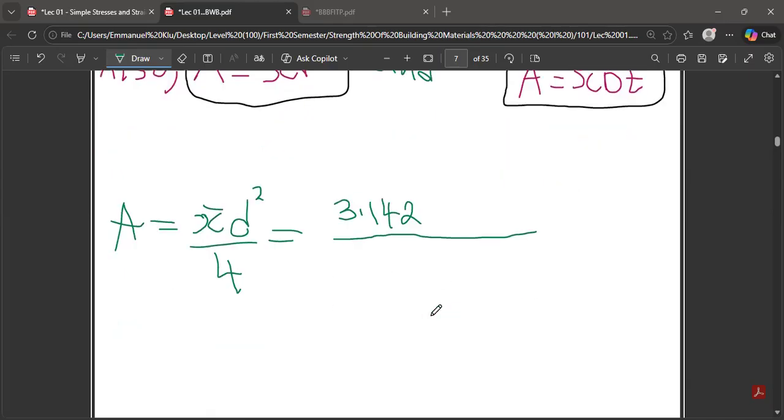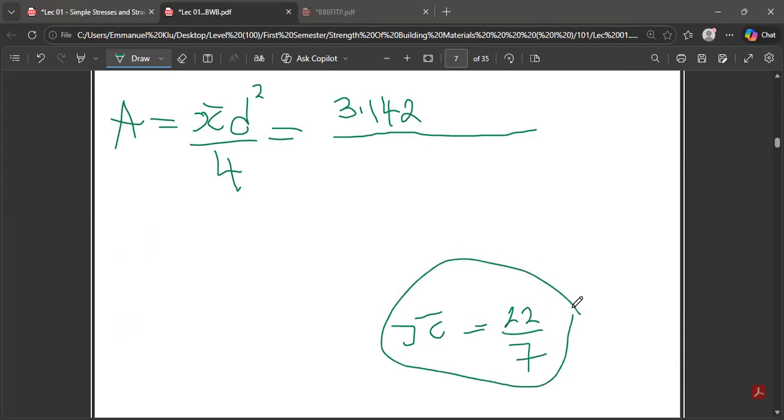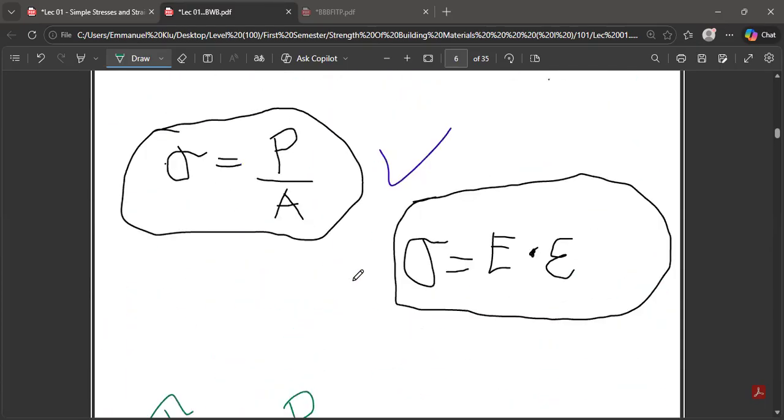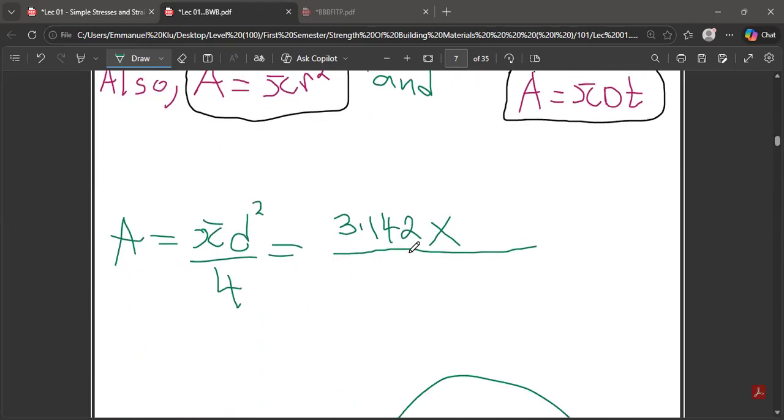You can try that somewhere and you realize that you are going to get the same answer I'm talking about. From an experiment, this was acquired. So times D. And our diameter we're going to be using in this case is the diameter that was given in the question. What was the value of our diameter? We said the diameter we're using is 20 millimeters. So here is going to be 20 all squared. But take note, for safety reasons, let's work with the units. This is millimeters all squared.